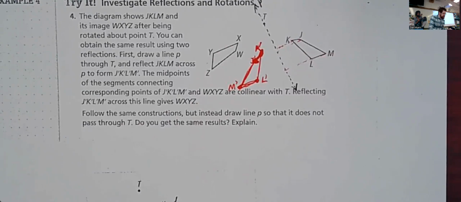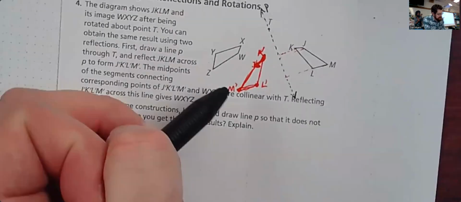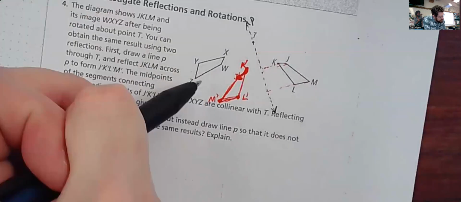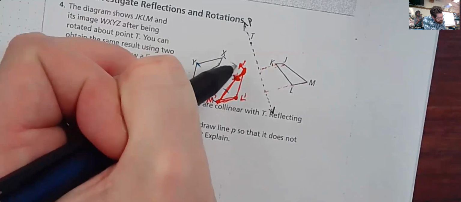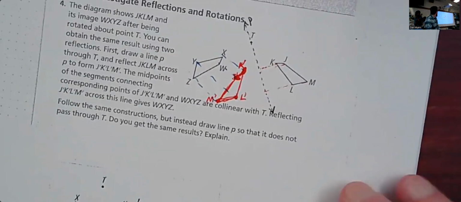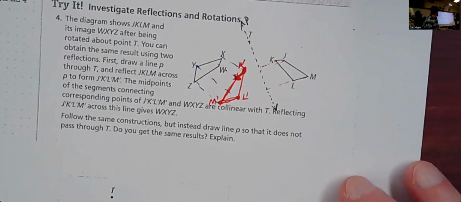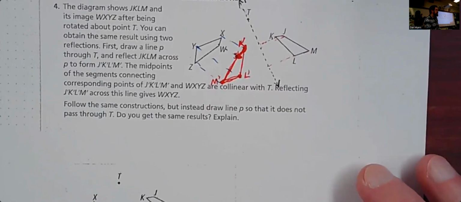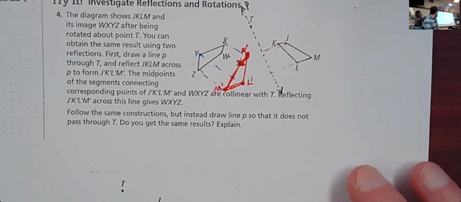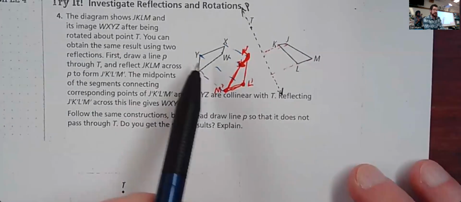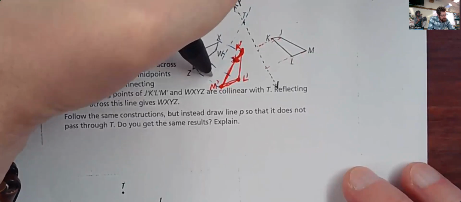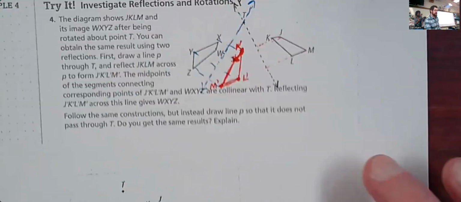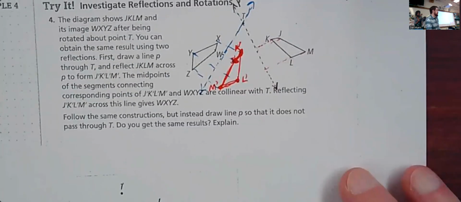So if we were to draw another line of reflection connecting the midpoints of these ones, right here, right here, right here, and right here, the middle of those points, in between this reflection across this way, should still line up with T. And if you draw a line T through those points, you can see that that is true. So here's another line. If you draw it through, it ends up working.